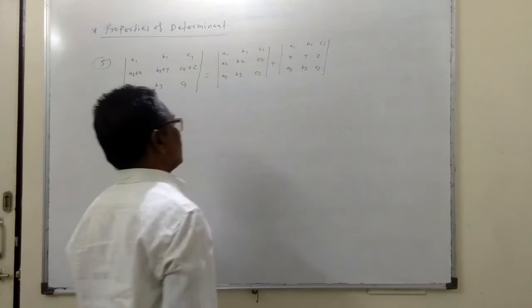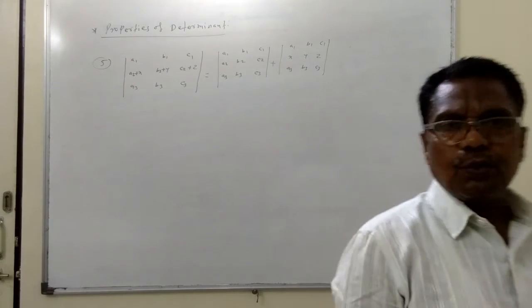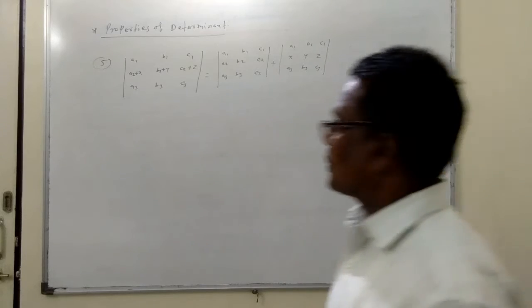So this property states that if any one row or any one column is the addition of two elements, we can write addition of two determinants.